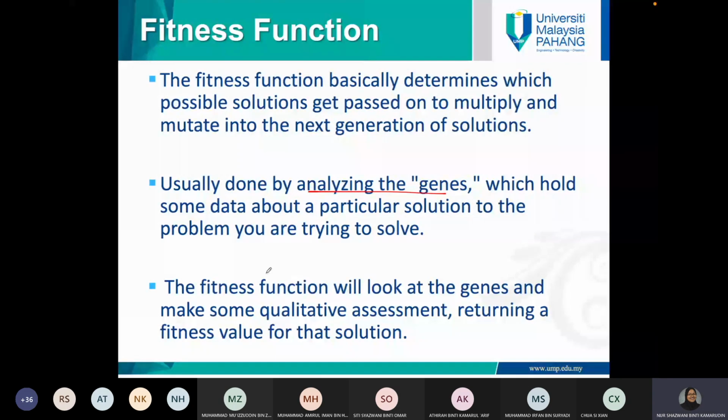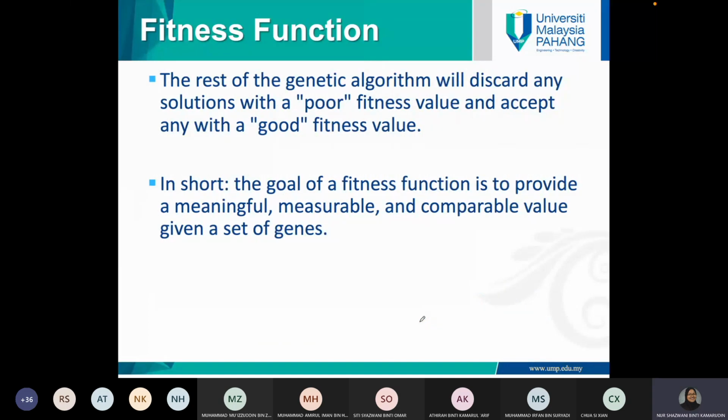The fitness function will look at the gene, make some qualitative assessment and return to you a fitness value for that solution. The rest of the genetic algorithm will discard any solution with a poor fitness value and accept good fitness values.